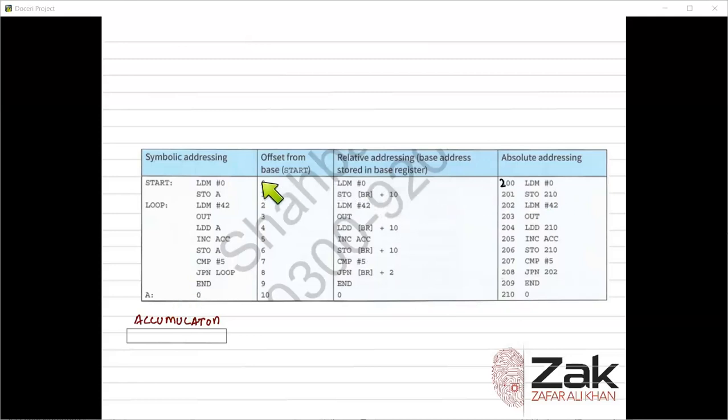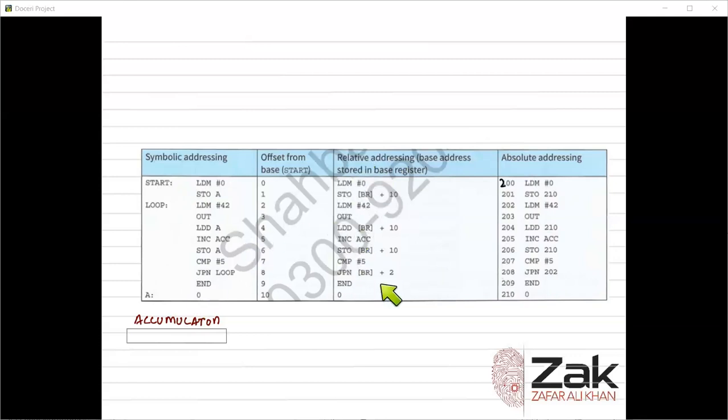These are three different ways of accessing the memory locations. This is called base relative addressing with the help of base register. This is called absolute addressing. We use the addresses as they are. This is called symbolic addressing, where we actually name the memory location.